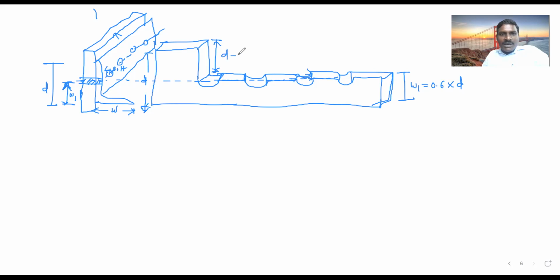Yes. This is D minus W1. Is everyone understanding? Yes, sir. Total depth is D. This distance up to the center of the bolt line is W1. So this distance will be D minus W1. Okay. Got it?